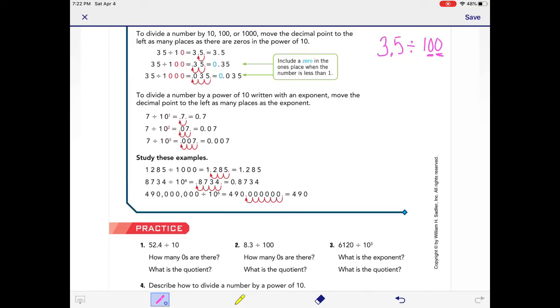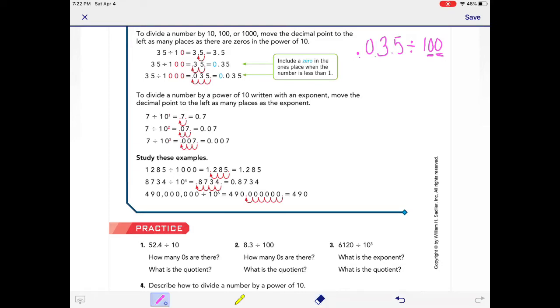When we are dividing by a power of 10, we move the decimal point the other direction, to the left, 1, 2 spaces. So now our 3 5/10 becomes only 35 hundredths.